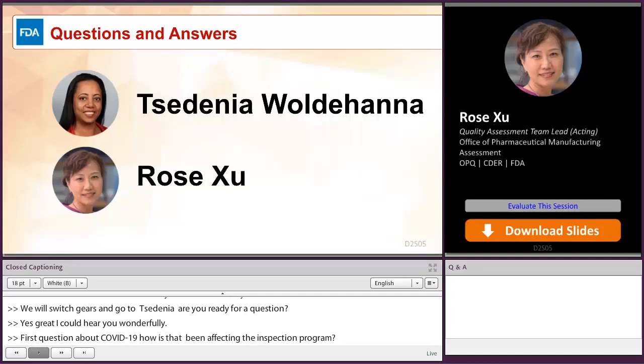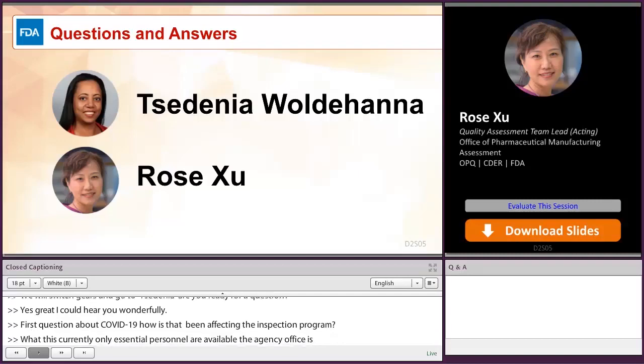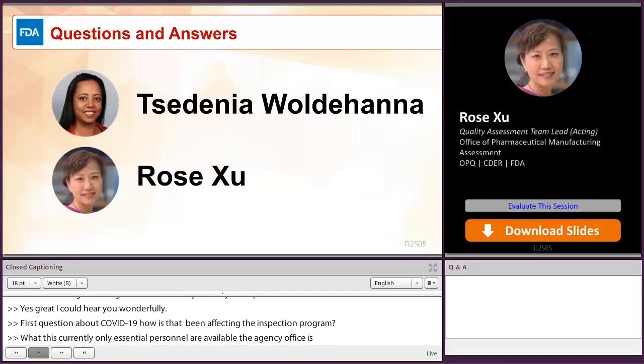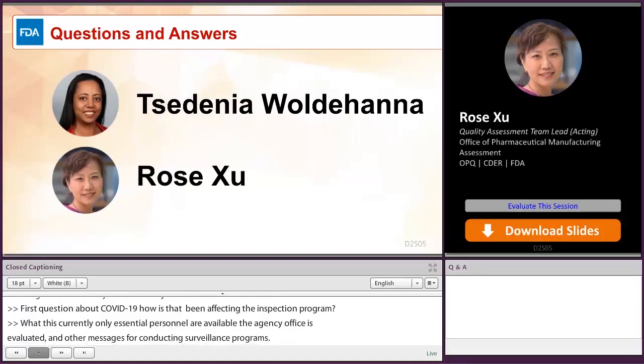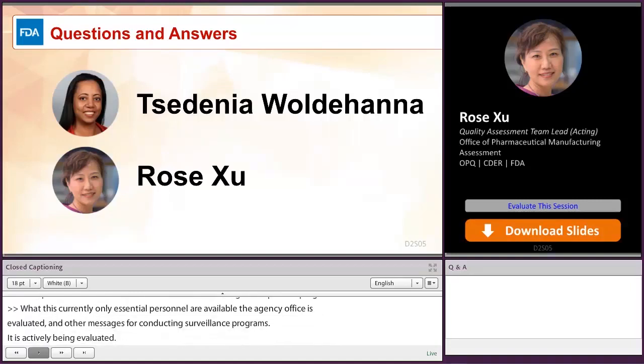So this is actively being evaluated right now. There are other programs like the MRA, the mutual recognition programs, the 706 programs, and also various risk level evaluations that the agency is doing to mitigate within this current condition.